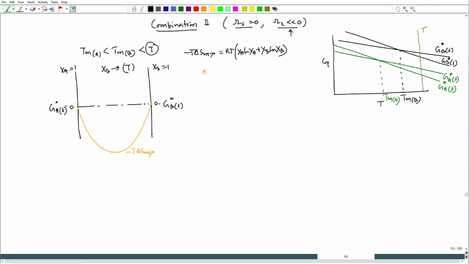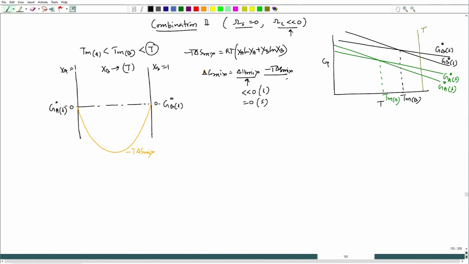So, delta G mix would be equal to delta H mix minus T del S mix. So, this one would be the same, and this one would be changing. In the case of a liquid solution, omega will be taken less than 0 for liquid and equal to 0 for solid. That will be the only change, but the entropy term will remain the same for both liquid and solid solutions.